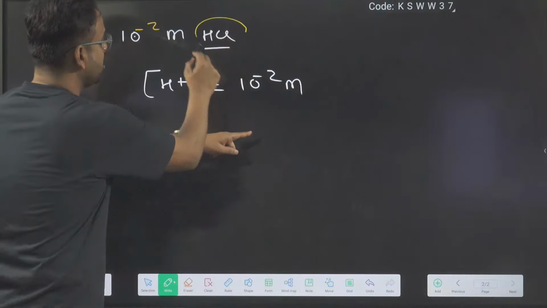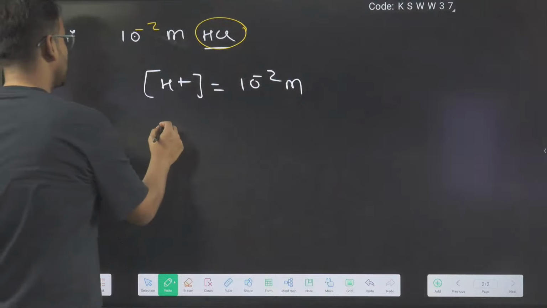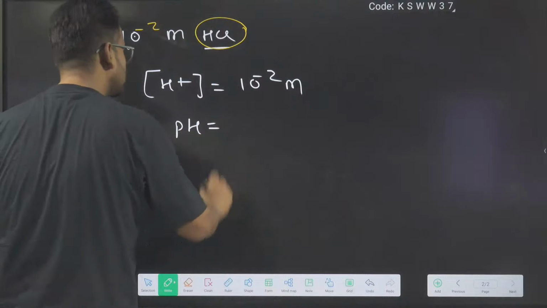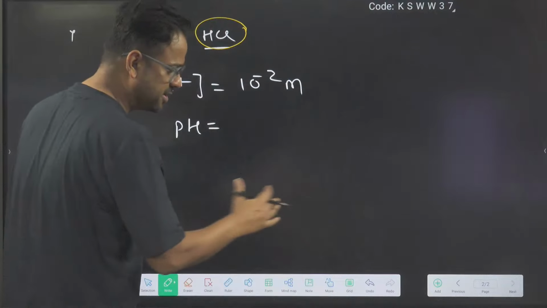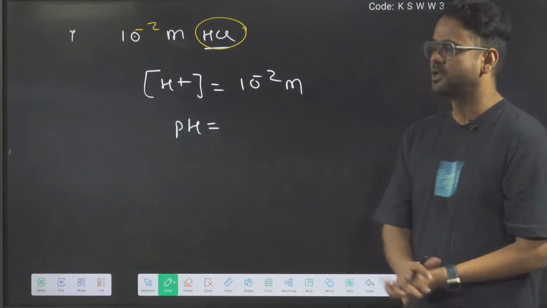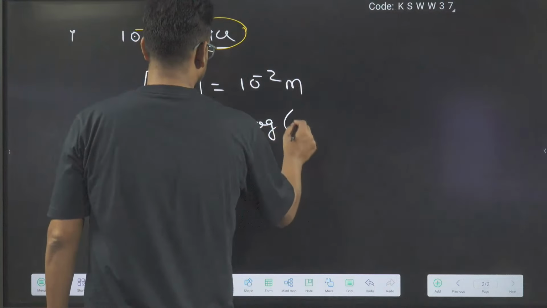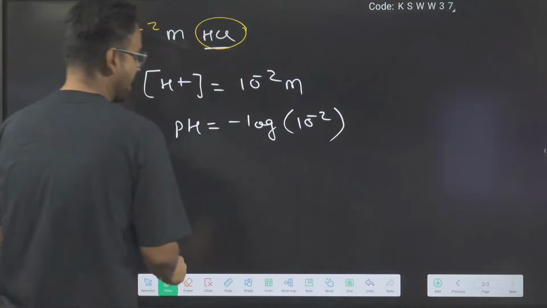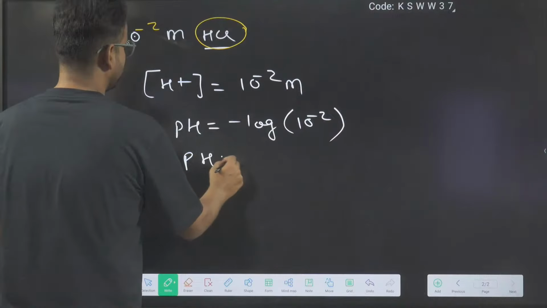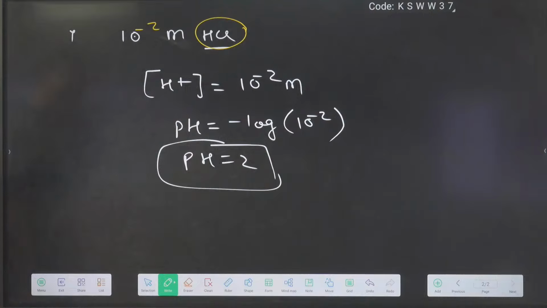Because it is a strong acid and it's a monoprotic acid. I will not go too much into basics because you have already studied this topic twice. I have some expectations that you know at least a little bit about it. So pH will be minus log concentration of H plus. This will come out to be 2. So this will be your answer.